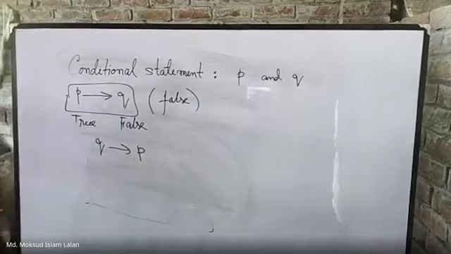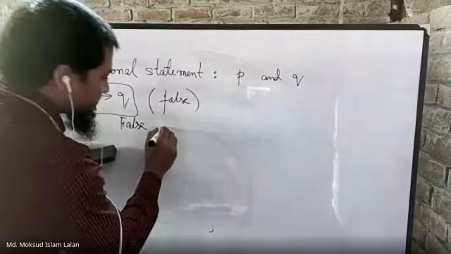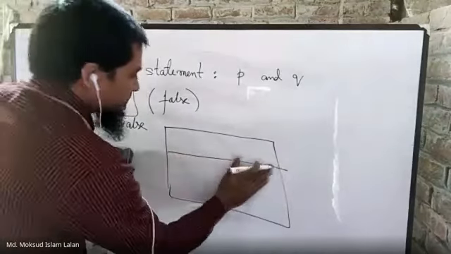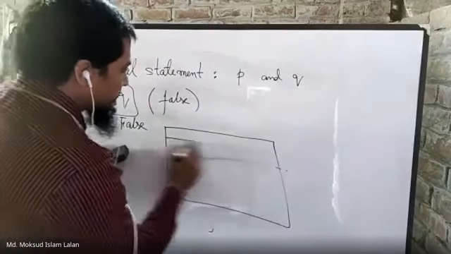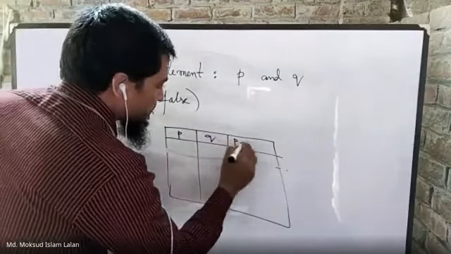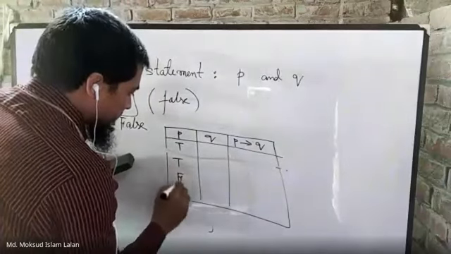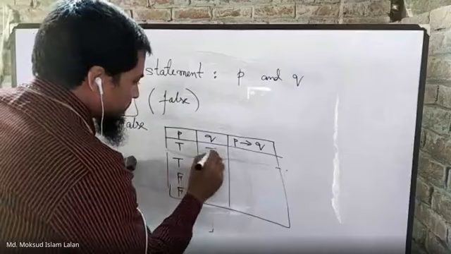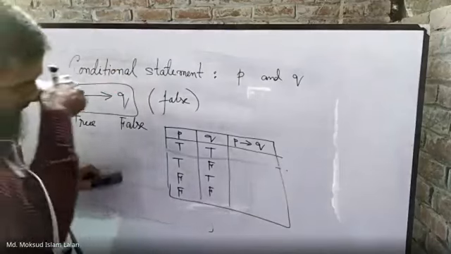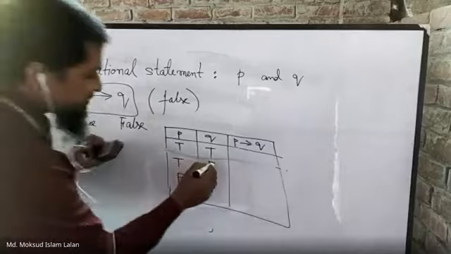So if you draw the truth table, according to the conditional statement, only this one satisfies, right?